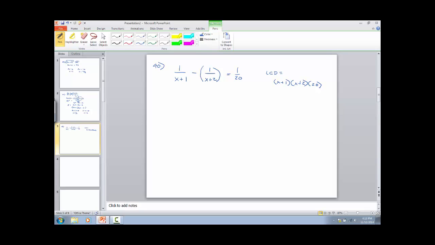So we have to multiply this by 20 times x plus 2. Luckily we've got a 1 here, so that's going to make it easy for us. And we have to multiply this 20 times x plus 1, and this one we have to multiply by both binomials.